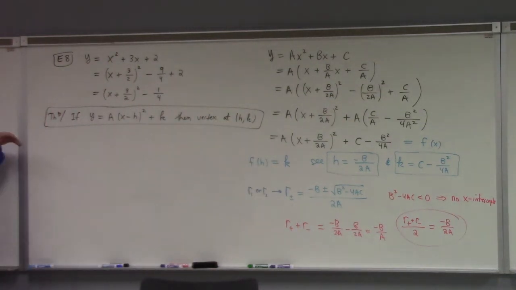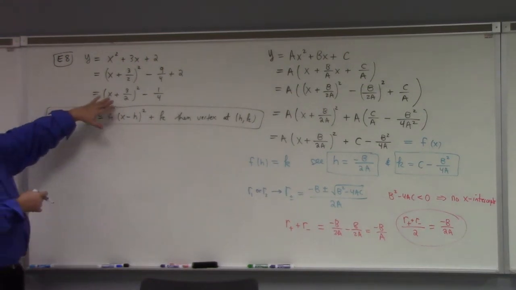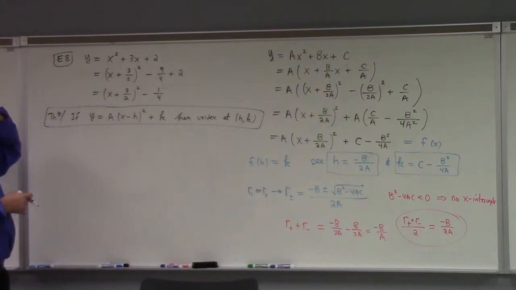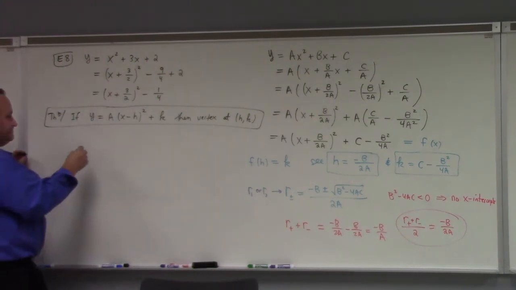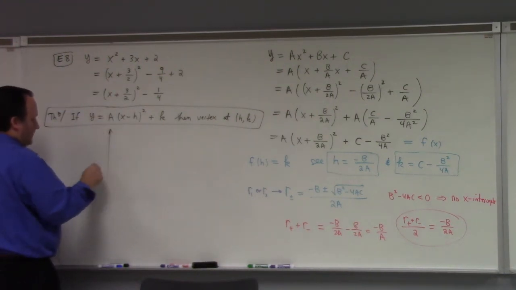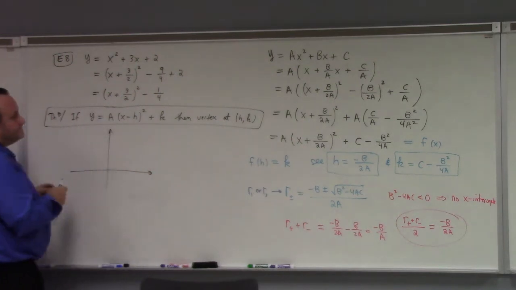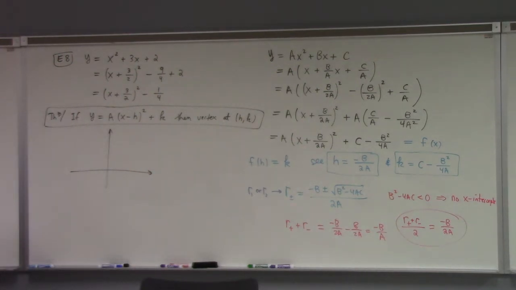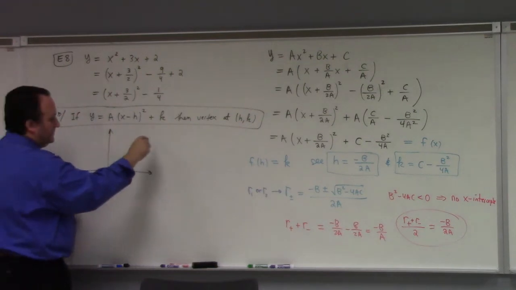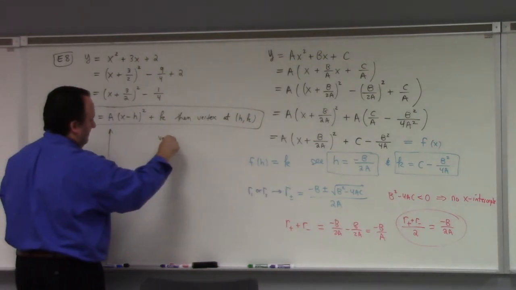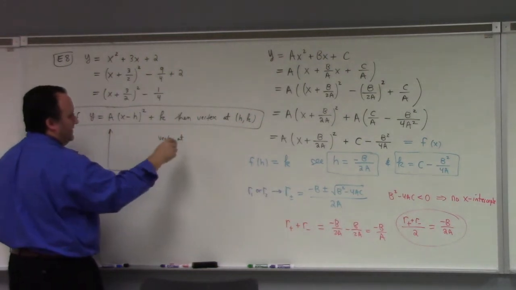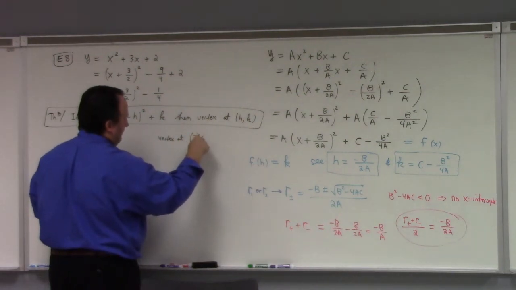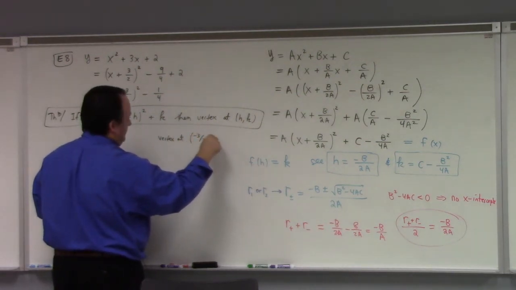So if I take the parabola and I complete the square, right, then from this I can see that the vertex is where? It's apparently, for this one, minus 3 over 2 comma minus 1/4.